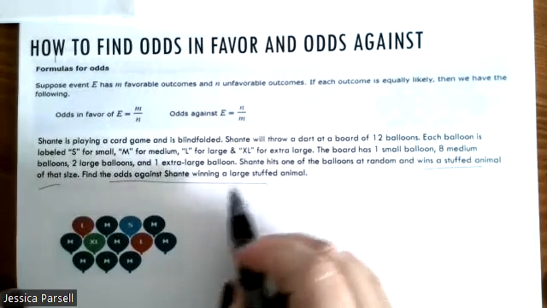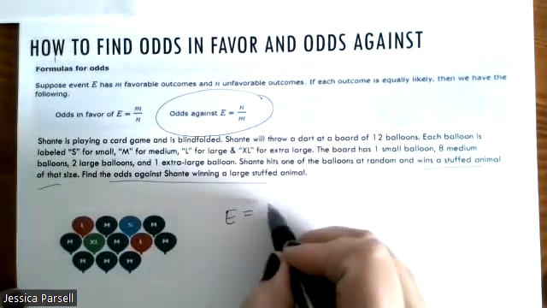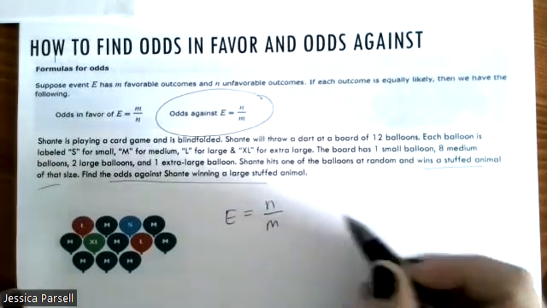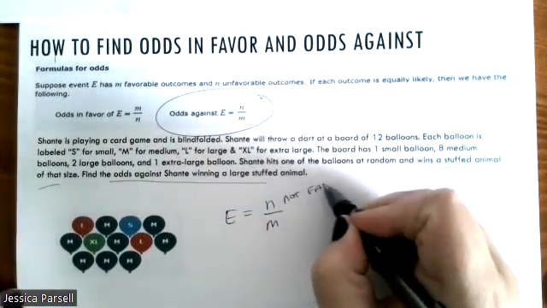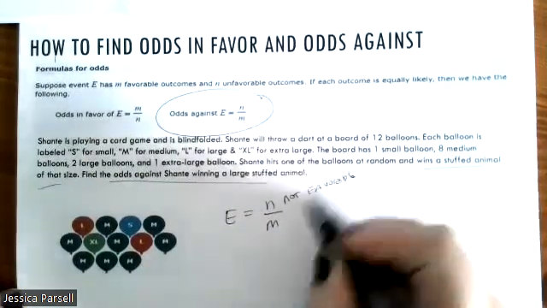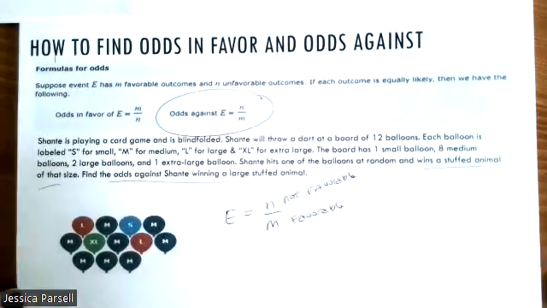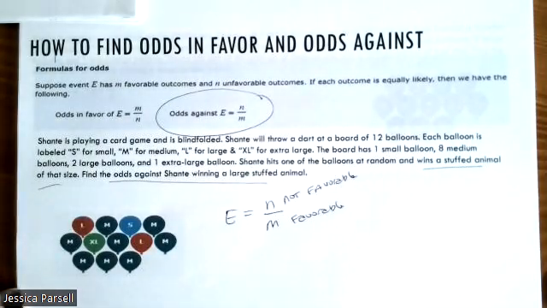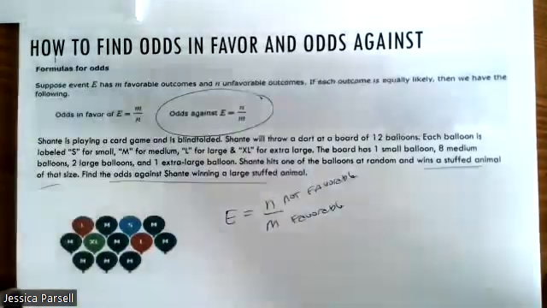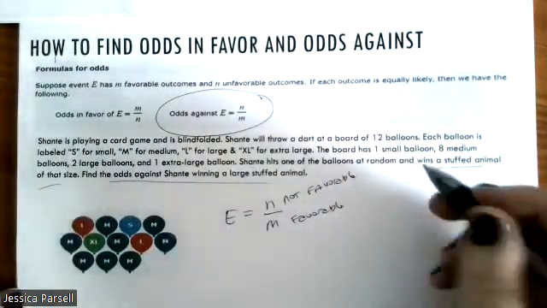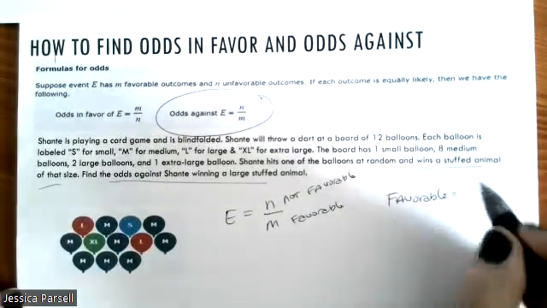Okay, so we know odds against is this formula here. So we're going to break that out. It's going to be your not favorable, and M is your favorable. So we want to find out what's favorable and what's not favorable. What's favorable for Shantae?